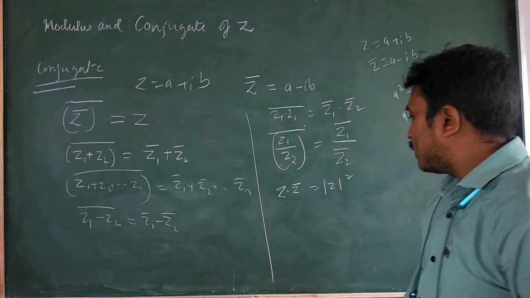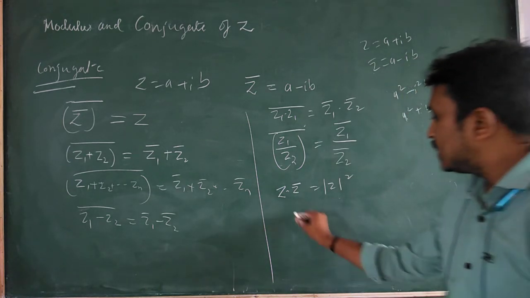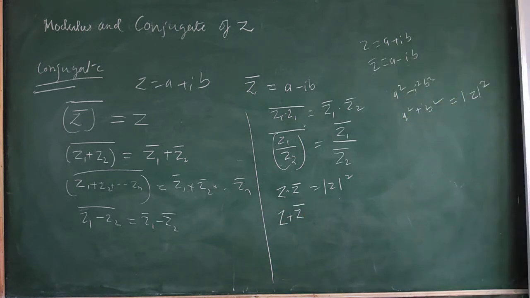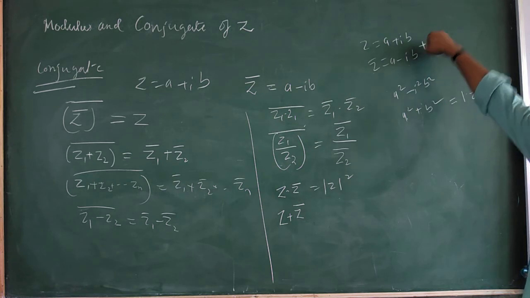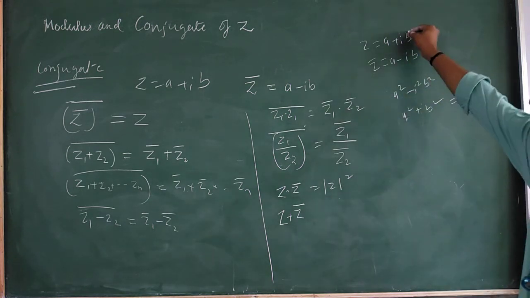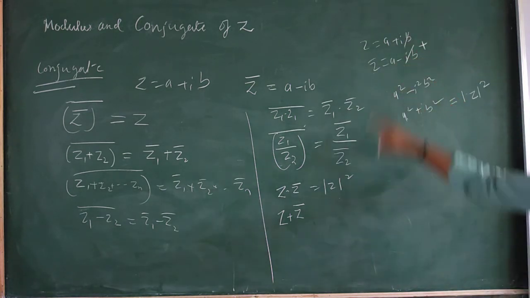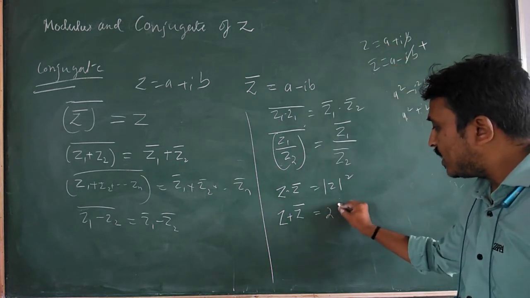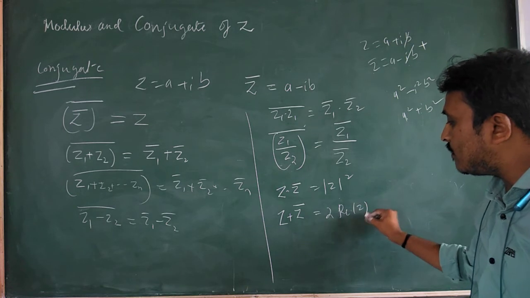Next, z plus z bar. What do you get when we add? These two are cancelled, then 2a, that is 2 times the real part of z. So z plus z bar equals 2 times the real part of z.